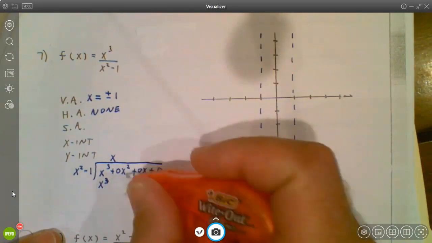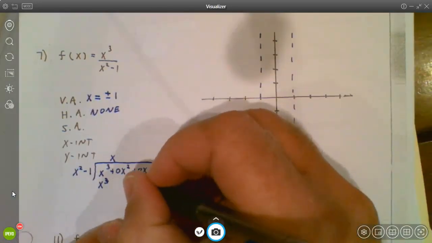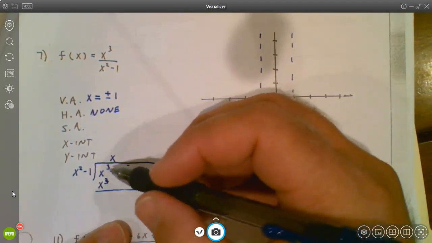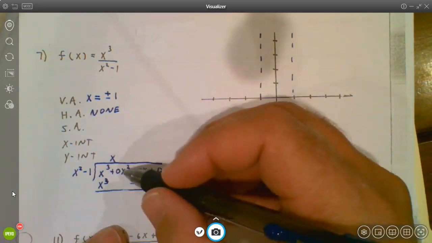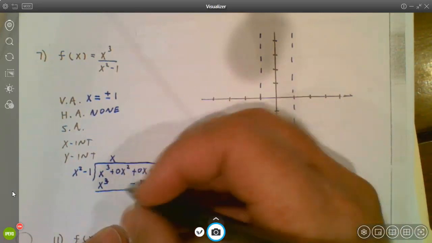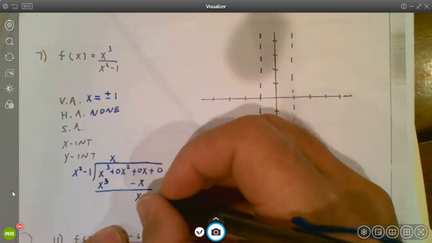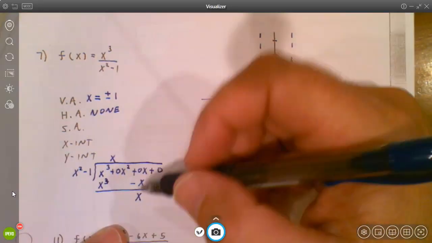That way, when you have something like minus x, you actually have a term to line it up under. As I subtract, those cancel. 0 minus 0, that minus that becomes x. And because that is now smaller than this, I know I'm just going to be left with a remainder.